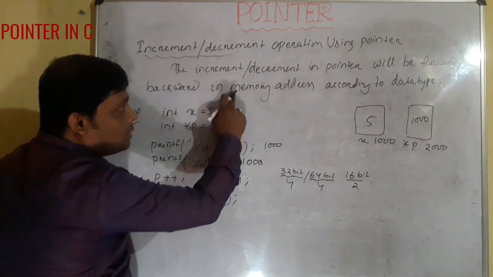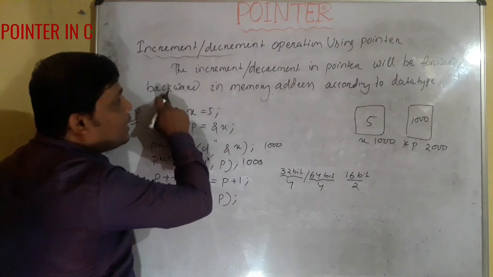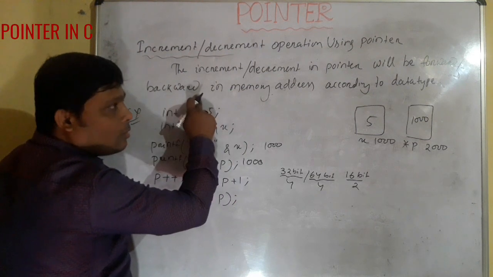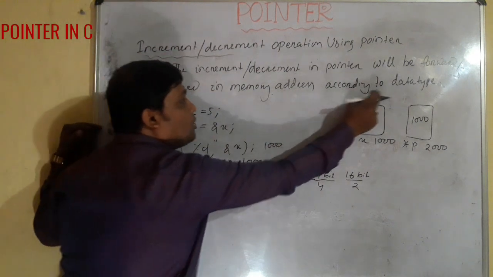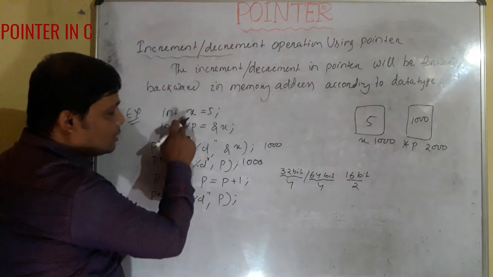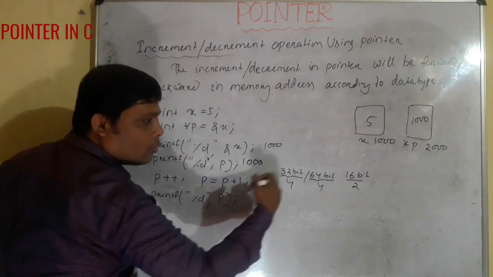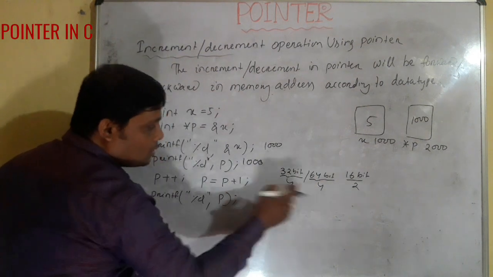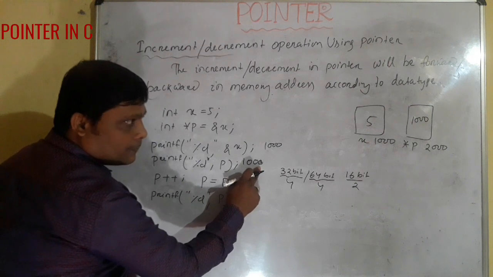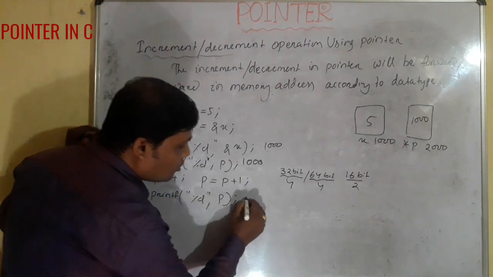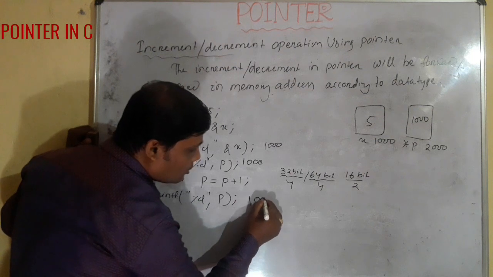I have already told it will be forward or backward in the memory address according to the data type. Here the integer type is 4 bytes, so it will be forwarded 4 bytes. So before it was what? 1000. Now it will be 1004.